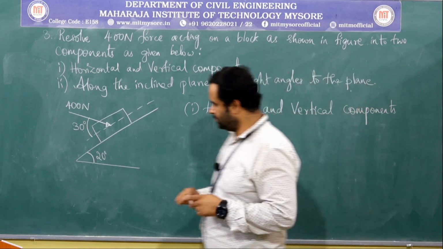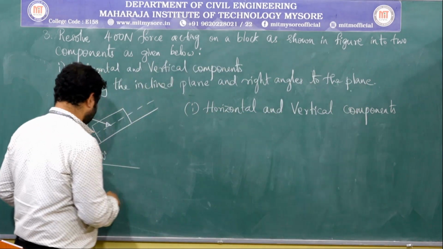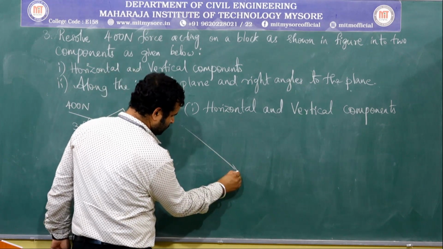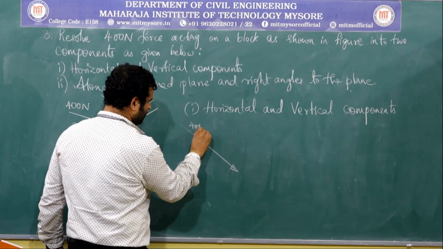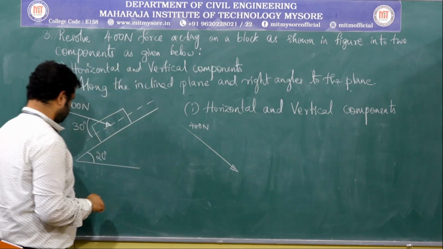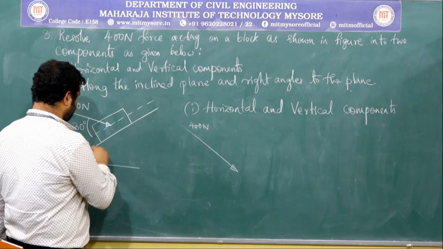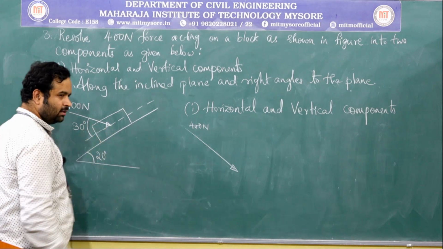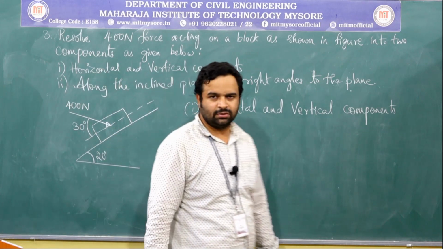Okay. So, here we have this force which is 400 Newton, and the inclined plane is having 20 degrees and the force is inclined at an angle of 30 degrees as shown.